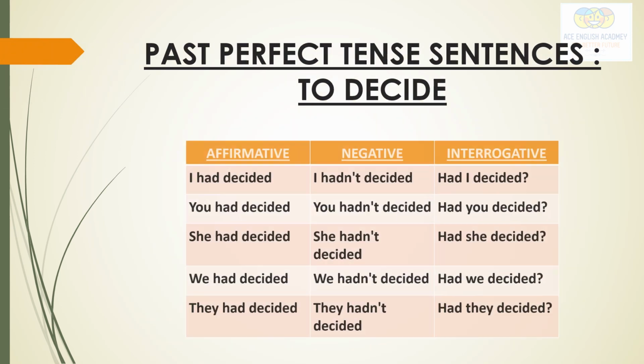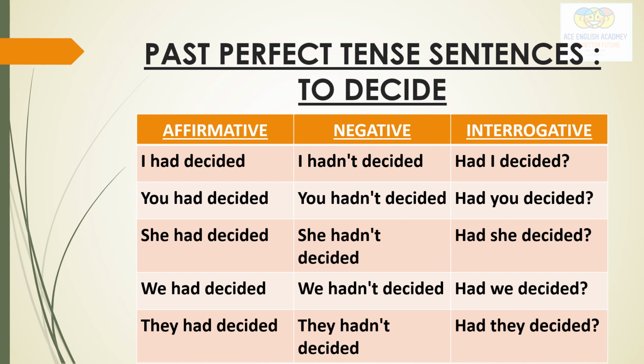And here I have made all three types of sentences using the verb decide. I had decided. You had decided. She had decided. I had not decided. You hadn't decided.